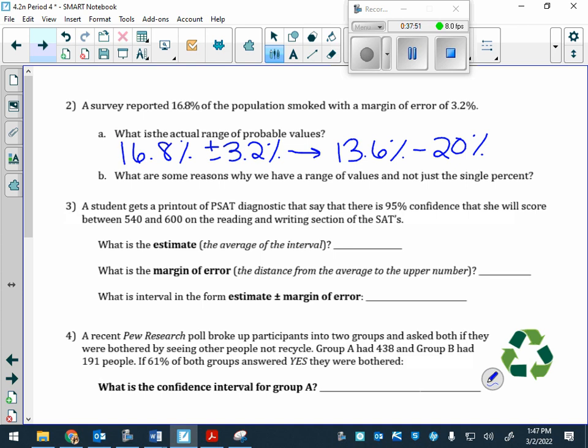Does a single percentage mean that it's definite, that that's it? Right? 16.8% means we're absolutely certain about the population that smoked. If we're giving one percentage like that, we are certain we have no errors. We've done everything right. Correct? But we're sampling.